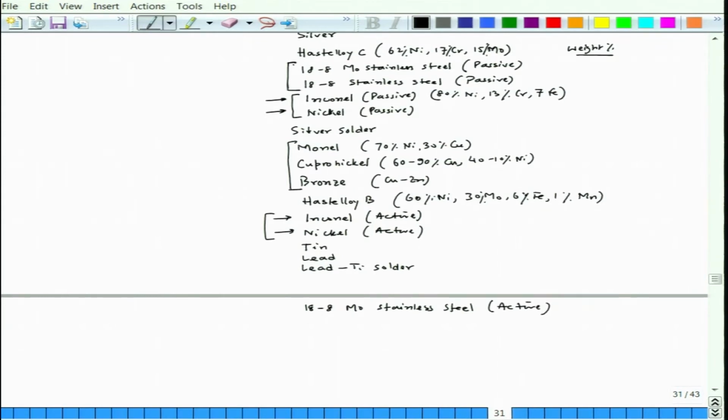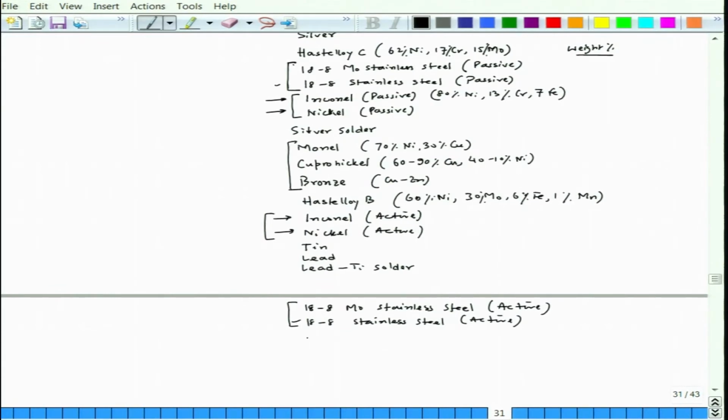And similarly 18-8 stainless steel, and this is nothing but austenitic stainless steel, what you see. Active. Now, they are also in the same group.